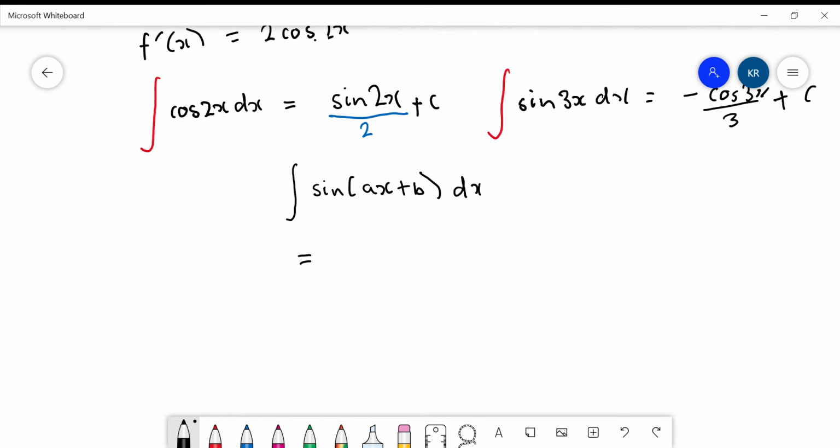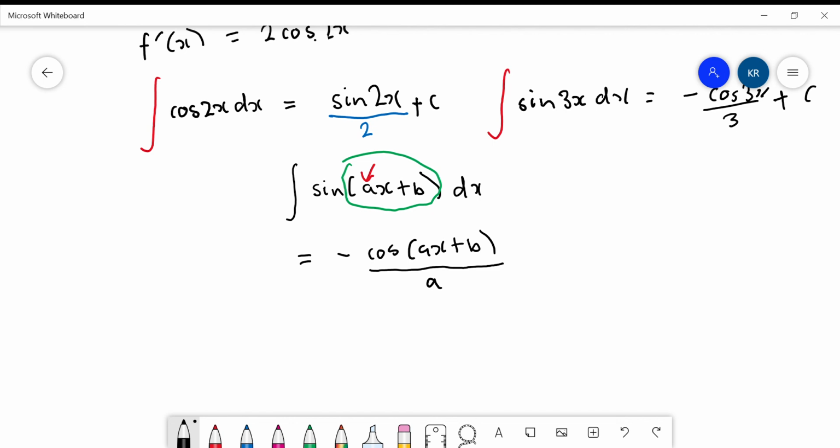So in this case, the integral of sine is minus cos. Then whatever you have here remains the same. So you get minus cos of ax plus b. Then you divide by the coefficient, which was a in this case. So that's how you integrate a trig function in general.